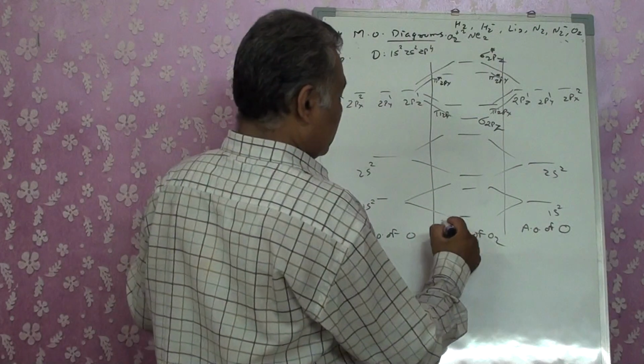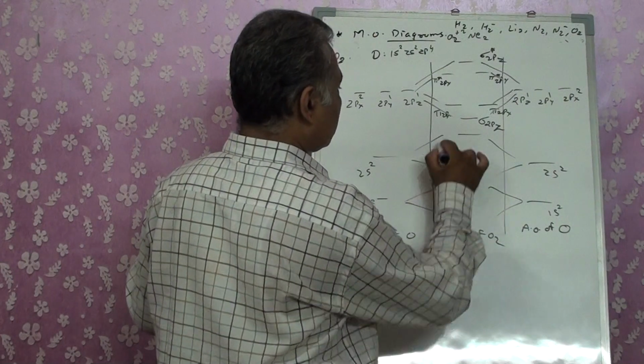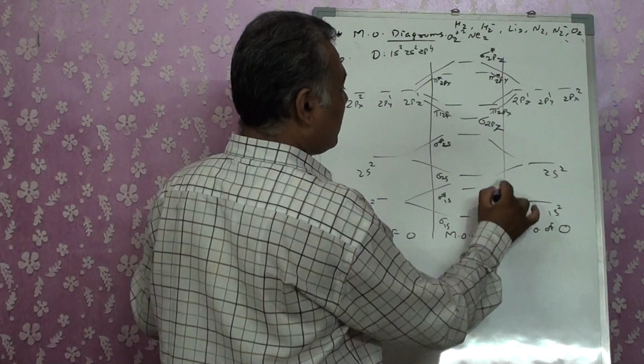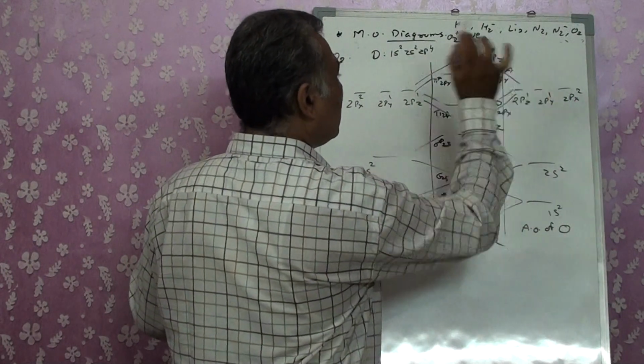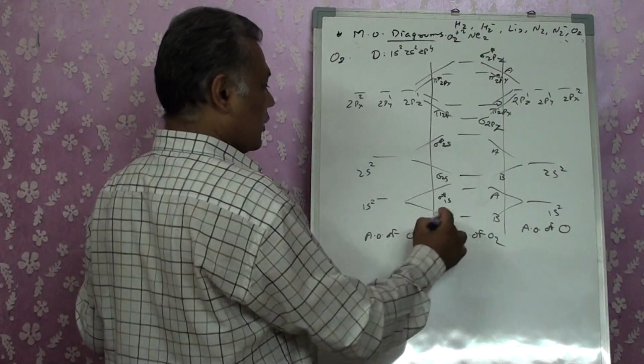Only in the bonding molecular orbitals. Right? Sigma 1s, sigma star 1s, sigma 2s, sigma star 2s. These are bonding, these are anti-bonding, bonding, anti-bonding. So what will you get now? The electronic configuration, I want to write it.